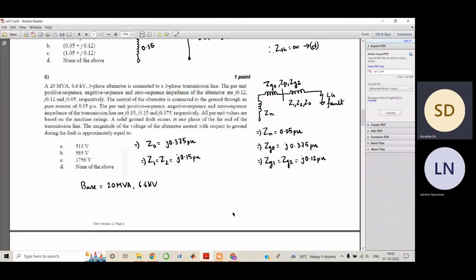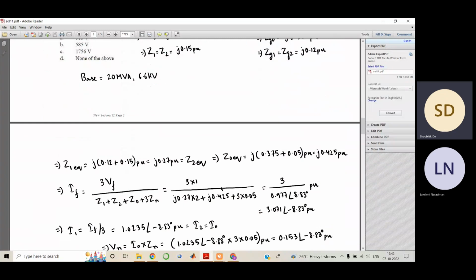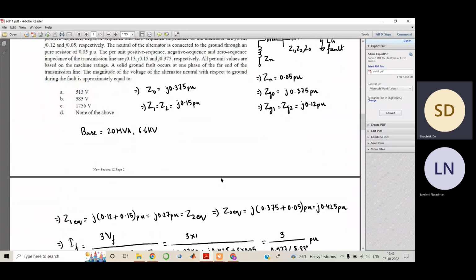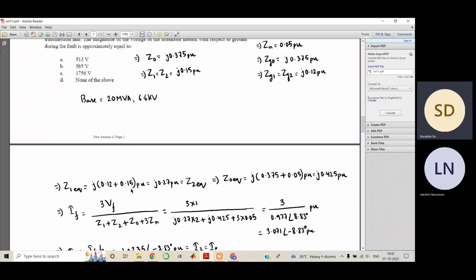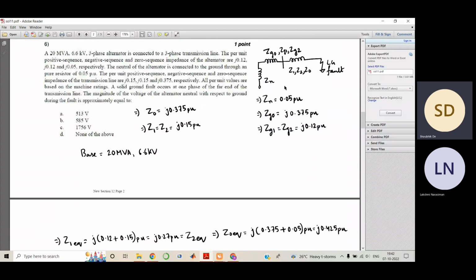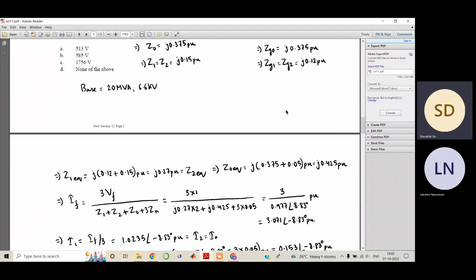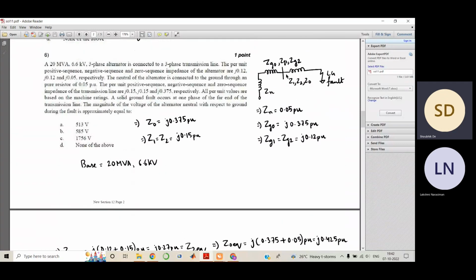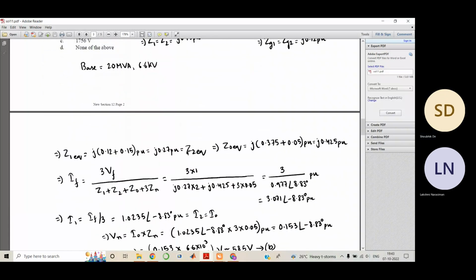Now we have to find the positive, negative, and zero sequence impedances. This is easy, because you don't have any transformer, so this is a straight addition problem. Since this is a series network, because the fault is not occurring at this point, otherwise it would have been a kind of parallel network, and finding the impedance would have been different.